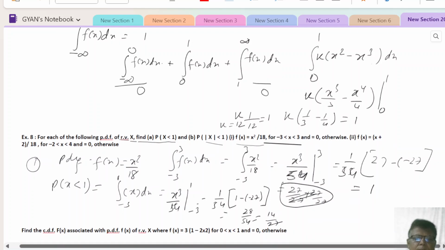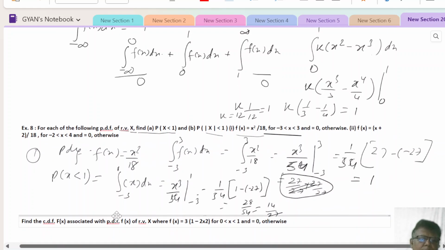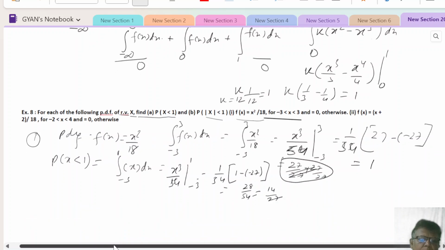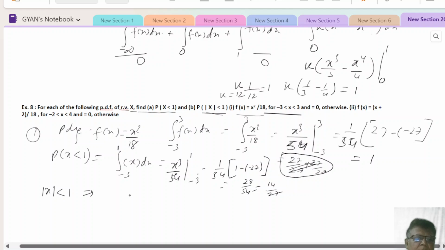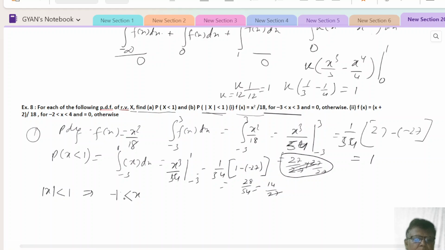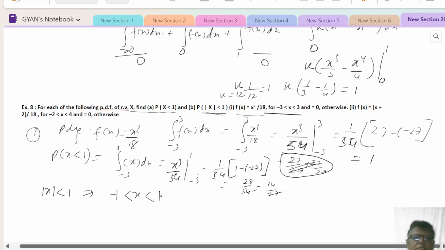Now come to the second question, that is mod of x is less than 1. That means x should be greater than minus 1 and less than 1.